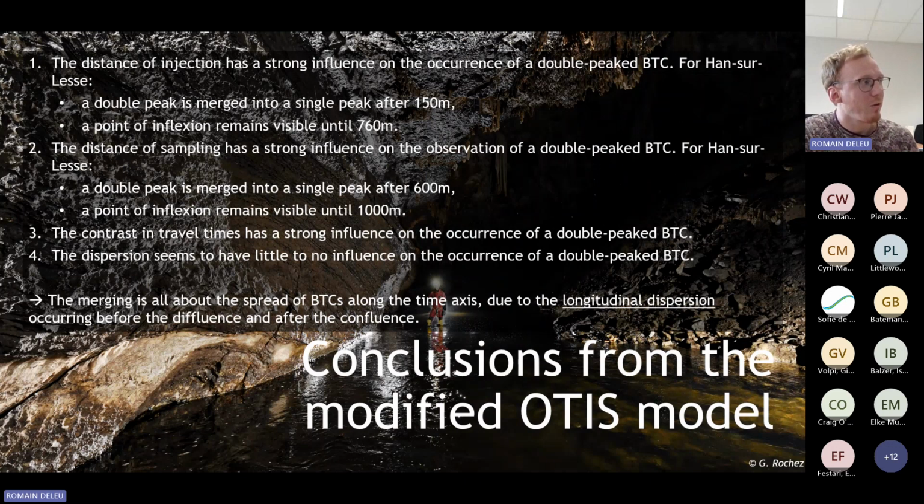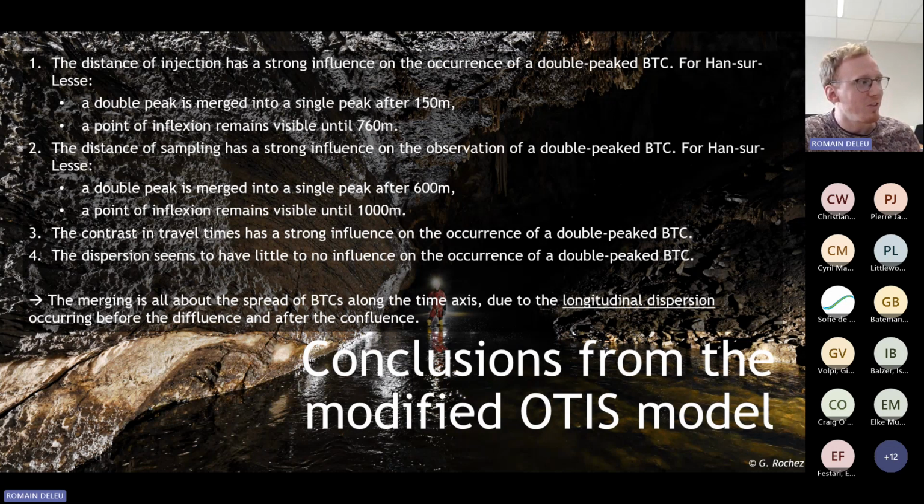This is the same for the distance of sampling, so the distance of the fluorometer. It has a strong influence on the observation of a double peak breakthrough curve. And for En-sur-Lesse, it seems that the double peak is merged into a single peak if we place our fluorometer after 600 meters, but a point of inflection can remain visible until 1,000 meters.